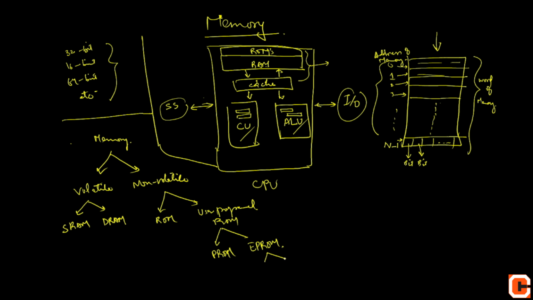And in EPROM we again have two types like UV EPROM and we have EEPROM. I will tell you all of them. I will explain them to you.